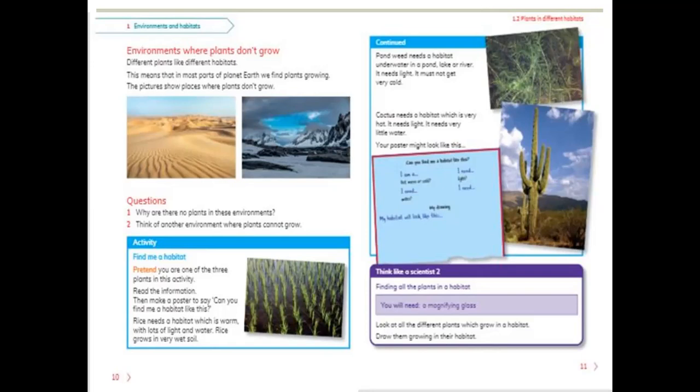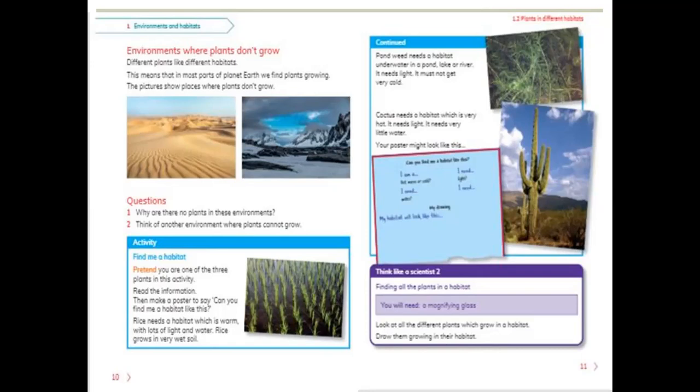Different plants like different habitats. So some of the plants grow in some environments, and other plants do not grow there because these environments are harmful for them. This means that in most parts of the earth, we find plants growing.